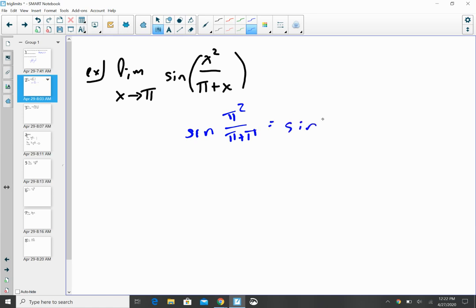That's sine of pi squared over 2 pi, which is the same thing as sine of pi over 2. And we want a numerical value for that. We get ourselves 1. That's our answer.